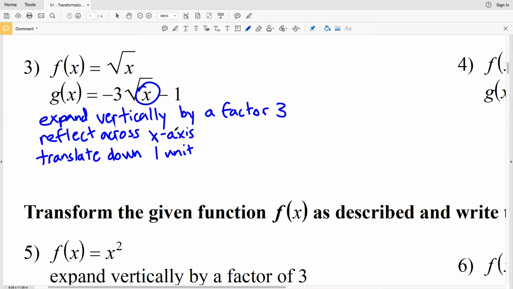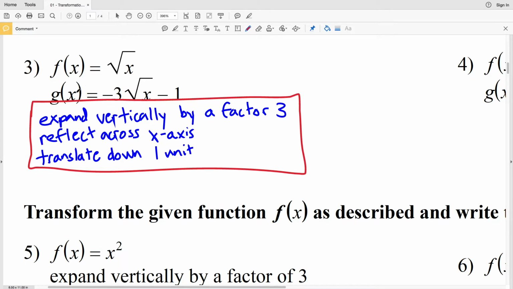If we had added or subtracted to the variable x itself, then that's going to move the function left and right. So to transform f of x into that of g of x, we need to expand it vertically by a factor of 3, reflect it across the x-axis, and translate it down 1 unit.